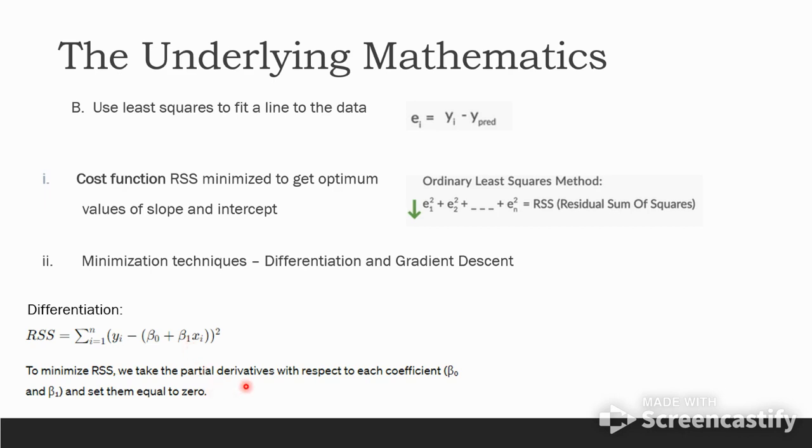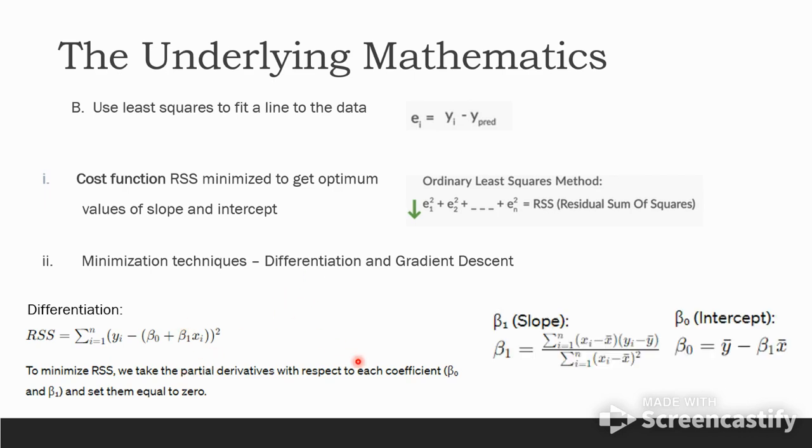When we differentiate and equate to 0, we find the beta naught and beta 1 values where that line will best describe those scattered points. And this is the outcome of this method. After equating to zero, we get these two values in the simple linear regression model, which give us the ideal slope and constant of that line, or the ideal intercept of that line with the y-axis.